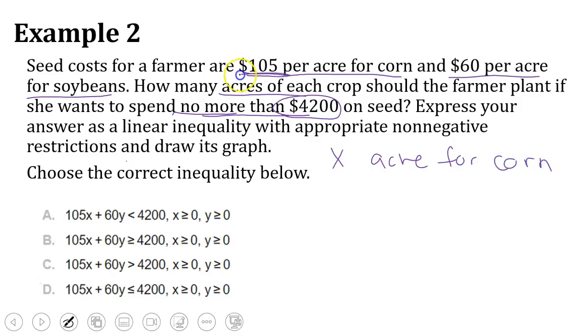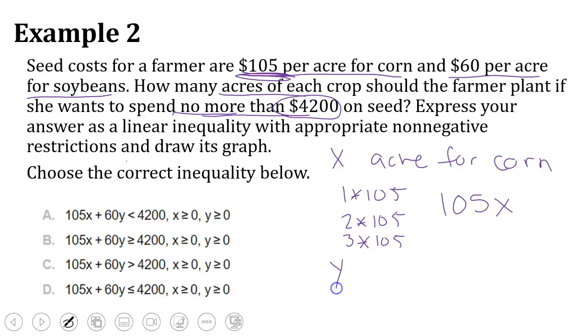So up here, it tells us 105 per acre. So if we have 1 acre, that means we pay $105. If we have 2 acres, it's 2 times 105. If we have 3 acres, it's 3 times 105. So we're going to say $105 times X. So we don't know what it is, or just 105X.